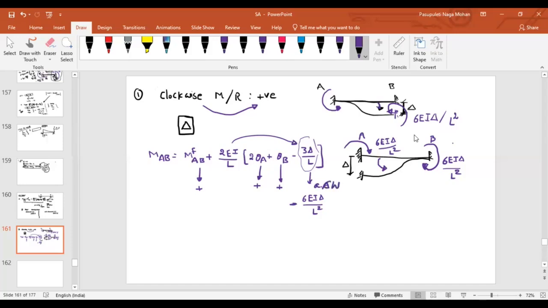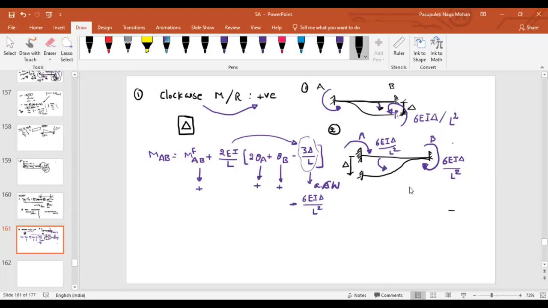Anti-clockwise, ACW. Let me clear one case and then we'll go to the next case so that it might be clear. So now look at the first case and look at the second case. In the first case, according to our sign convention, what about the fixed end moments direction? If B is sunk by an amount delta, 6EI delta by L square is in the anti-clockwise direction.